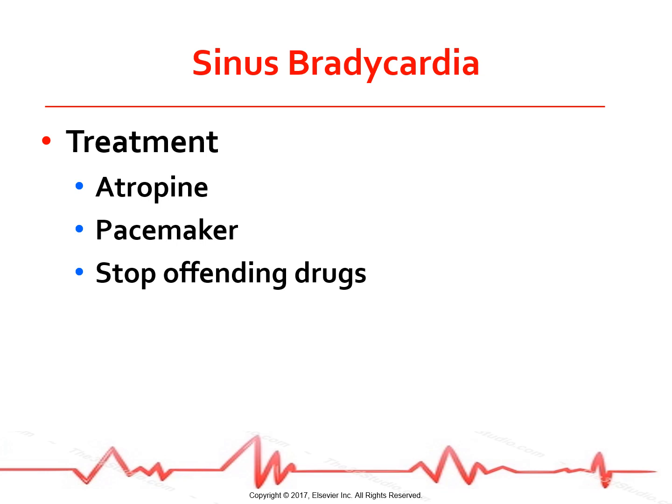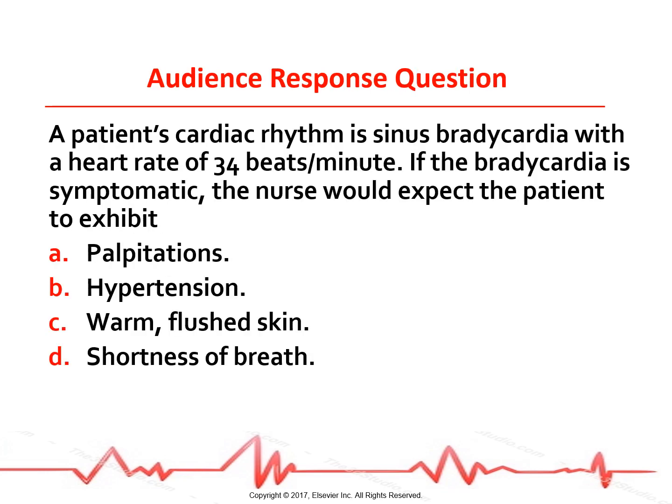And then stop any offending medications. So if the reason why they are super bradycardic is because they got a lot of beta blockers, right? Beta is part of our sympathetic nervous system, and if we block our betas, we're blocking our sympathetic nervous system. So we would stop giving them those medications that are making them bradycardic.